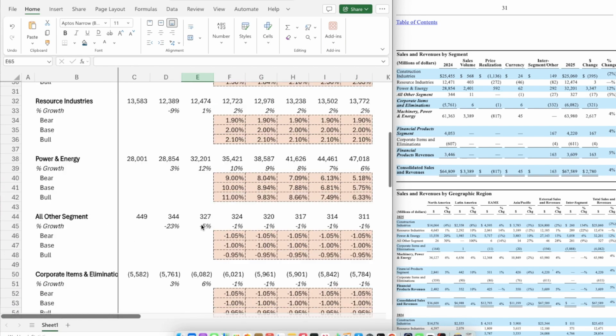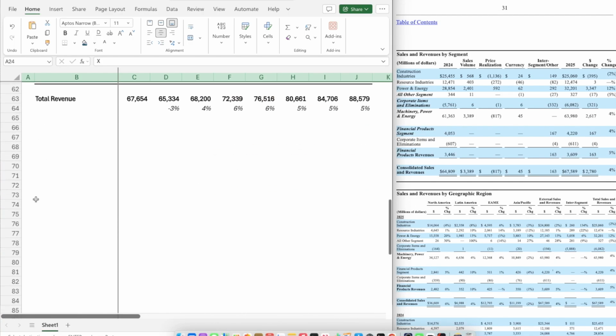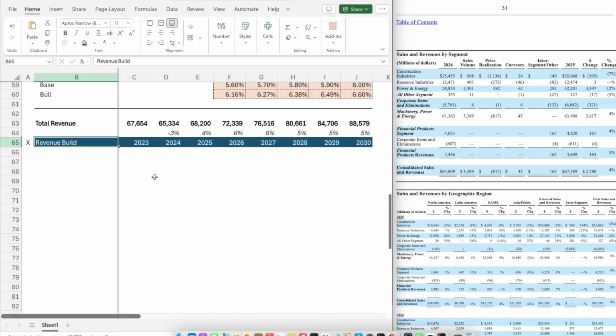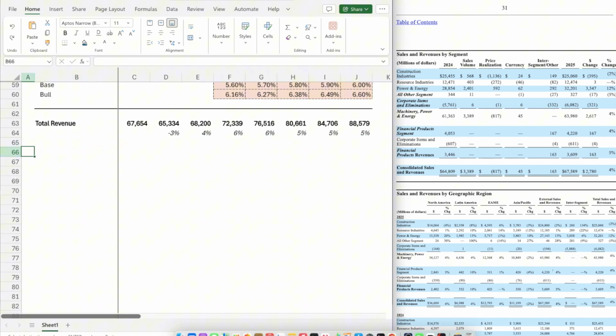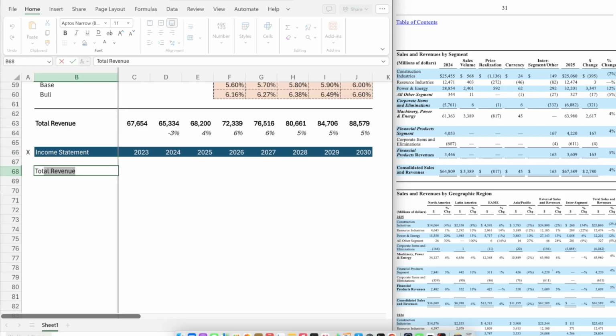Now, let's move on to the next segment, and the next section will be the income statement. This always starts with, again, total revenue.